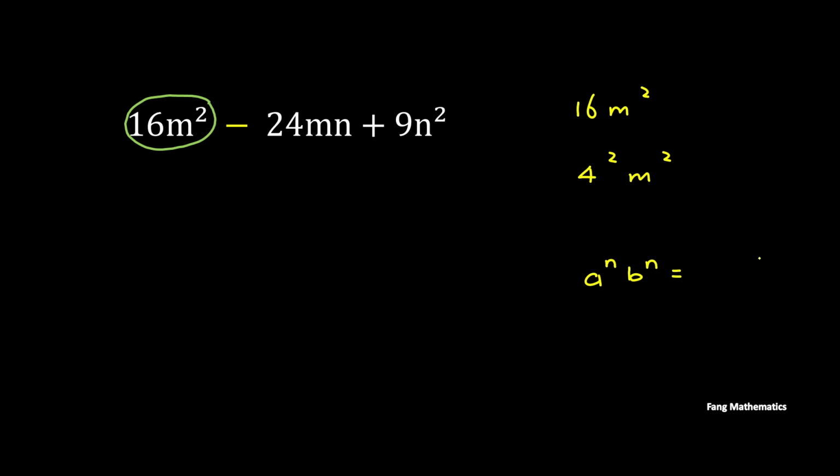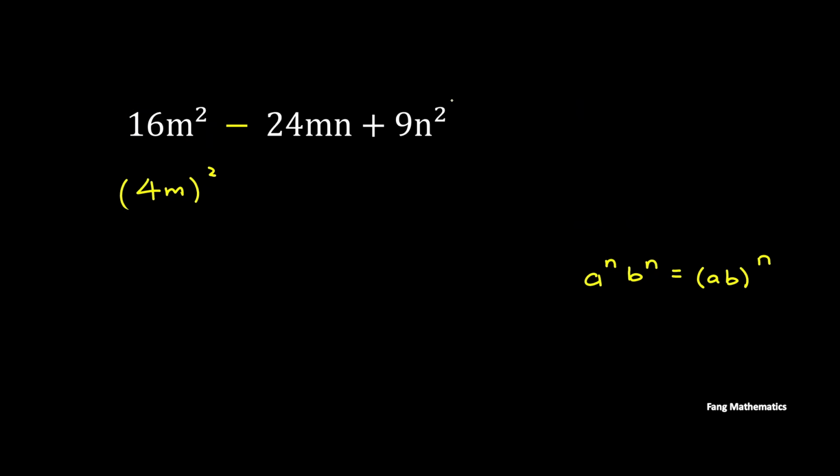You can factorize the power n and put a parenthesis in between a and b, the two bases you have. In this case, you have the power 2 in common. Factorize the power 2, leaving you the two bases inside the parentheses, that is 4m. 4m inside the parentheses squared.